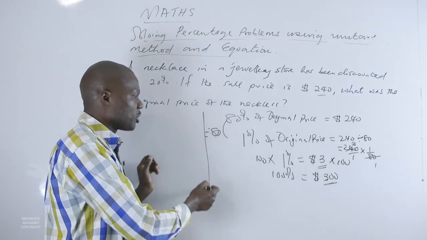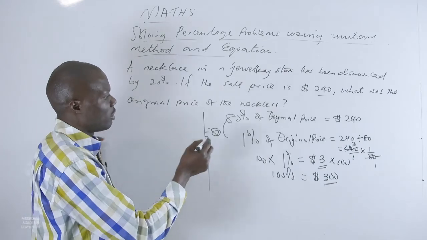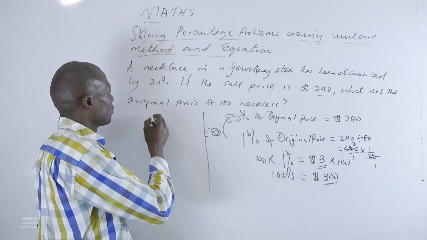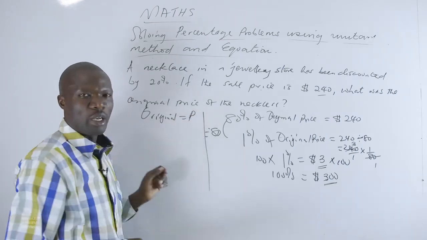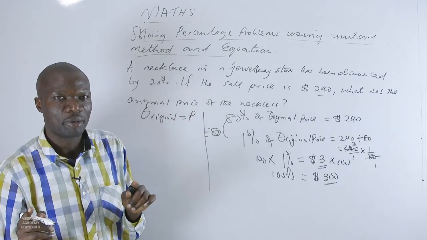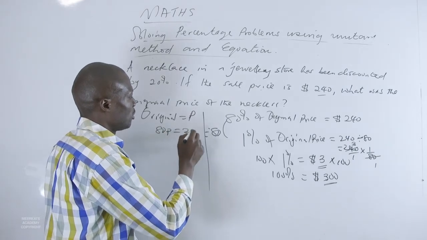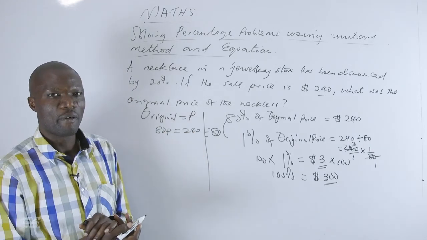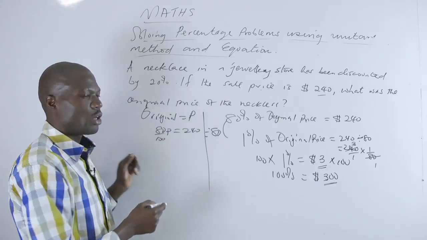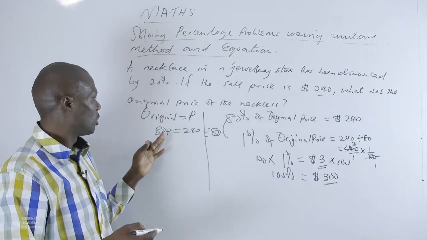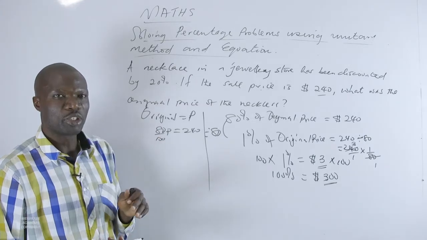If we were to use the equation, we would say let the original price be P. Then 80% of P is equal to 240. So 80 over 100 P is equal to 240.